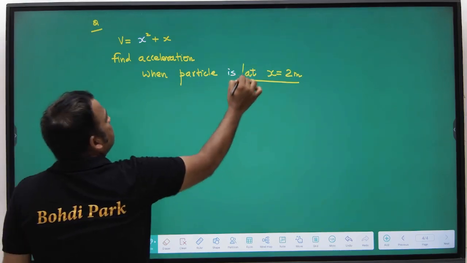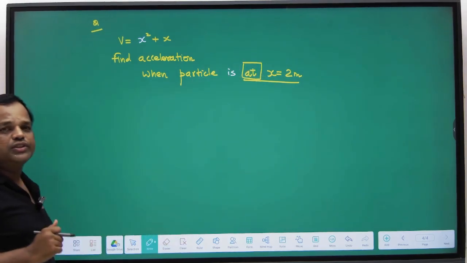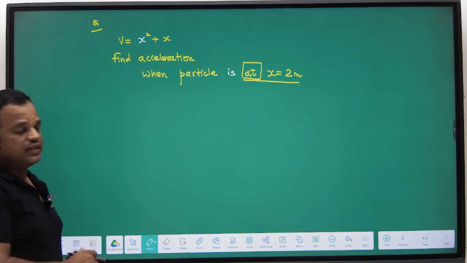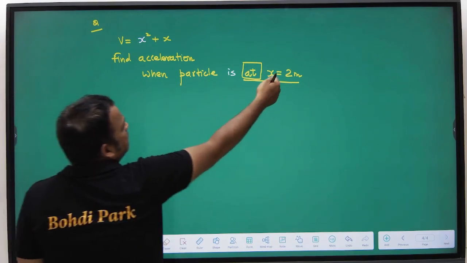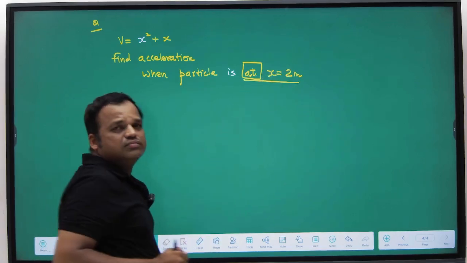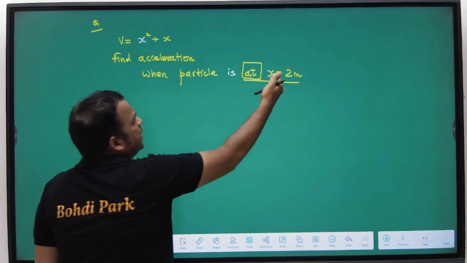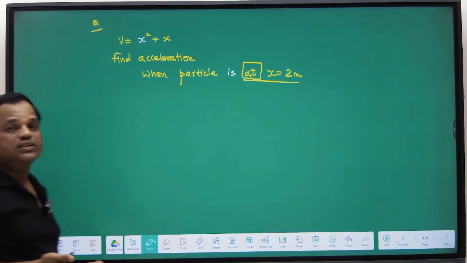Whenever we have "at" in a question, that means it is instantaneous. Sometimes time will be given, maybe t is equal to 2 seconds. Sometimes position will be given, at x is equal to 2 meter. What is the acceleration?